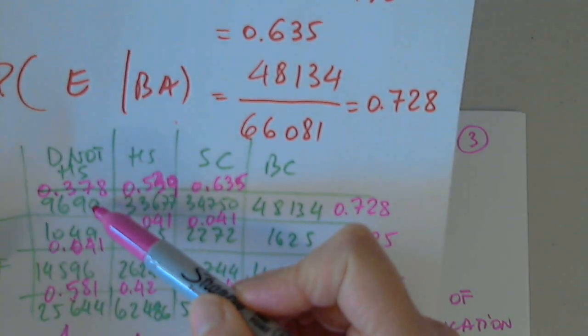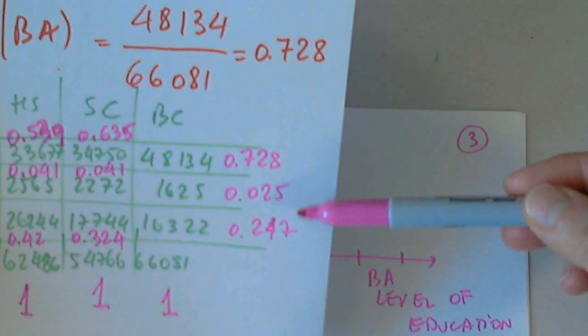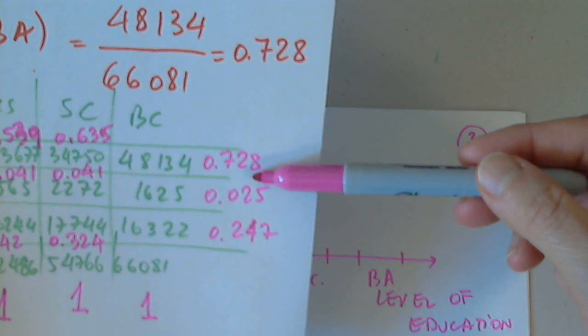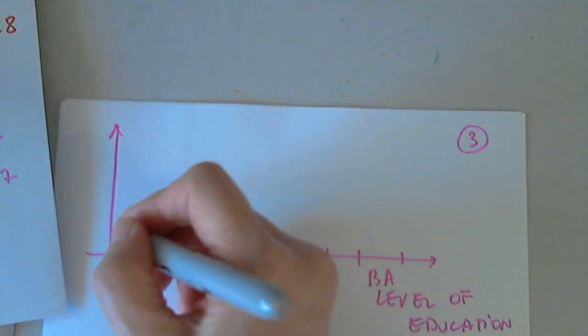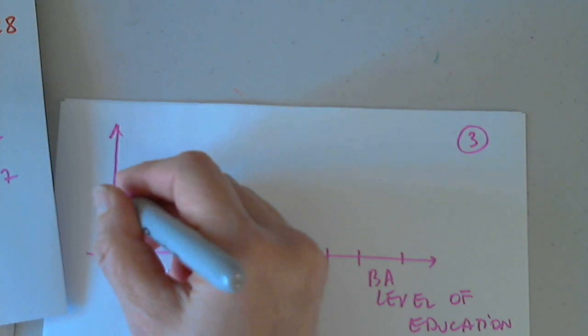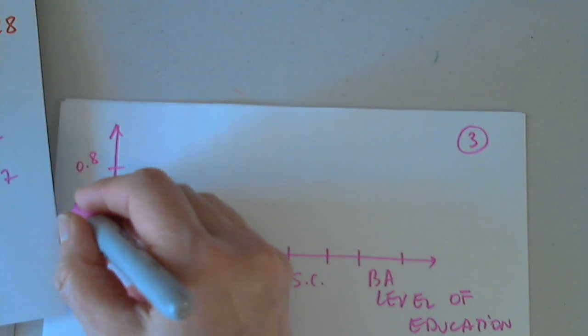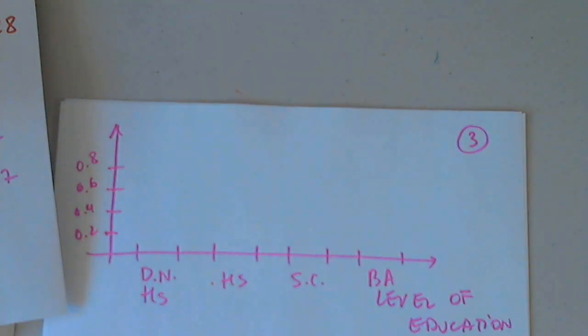Employed, about 40%. So what is the highest? I'm looking at all of them. The highest is 0.7. So I will go till 0.8. 0.2, 0.4, 0.6, 0.8.